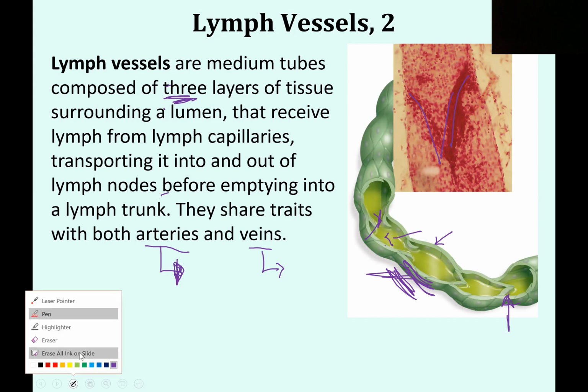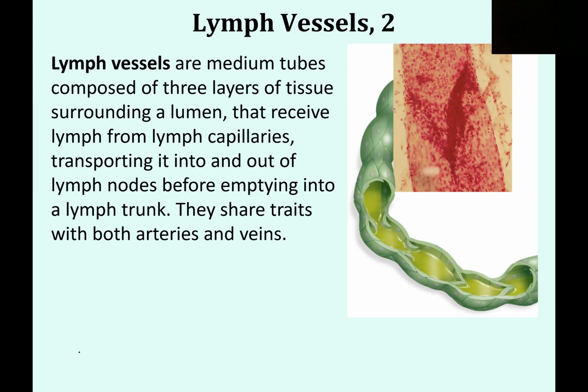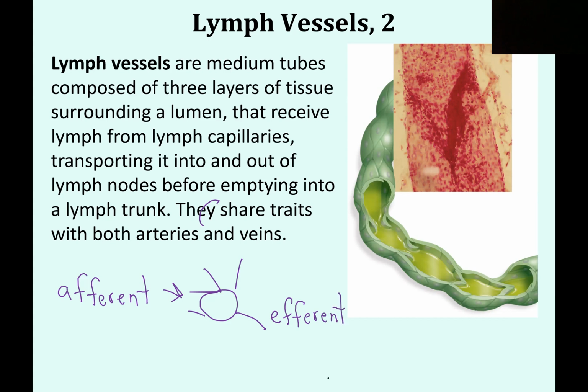We also use the terms convergent and divergent. So in a lymph node, you're going to have several incoming or afferent vessels going into the lymph node, but you're only going to have one efferent or exiting lymph vessel.